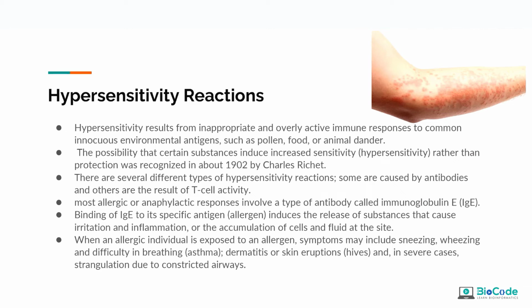When an allergic individual is exposed to an allergen, the symptoms may include sneezing, wheezing, and difficulty in breathing, that is asthma, dermatitis or skin eruption, and in severe cases, it can also cause strangulation due to constricted airways.